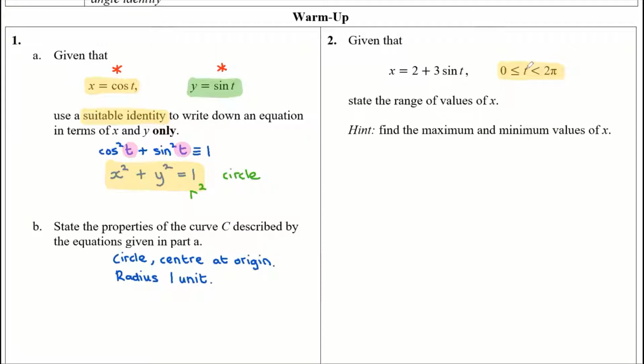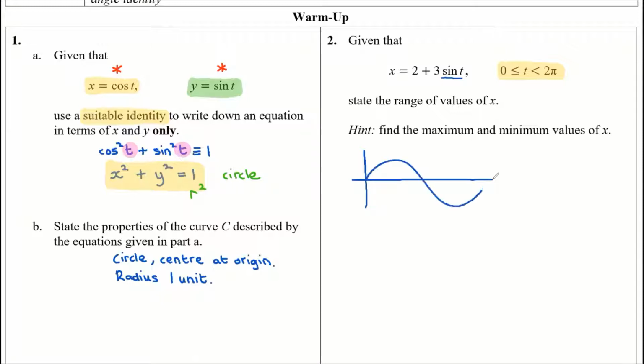And it says state the range of values of x. Well, if we can plug in any value of t between 0 and 2 pi, I'm just going to remind you of the sine curve, because we're dealing with x and it has the sine function as part of it on the right hand side. We just think about the sine function for a second between 0 and 2 pi.